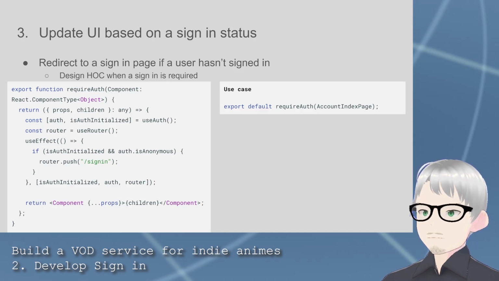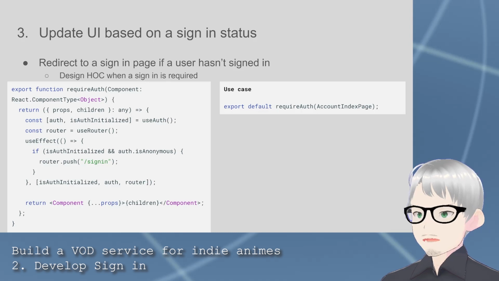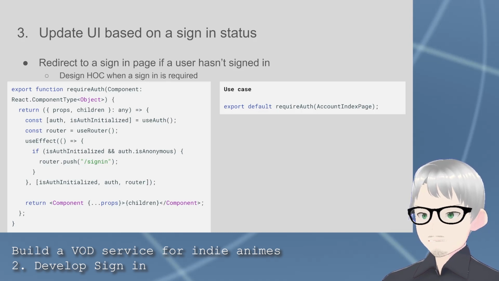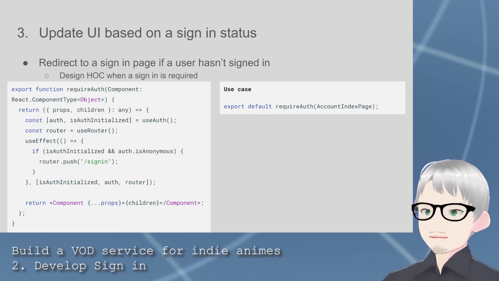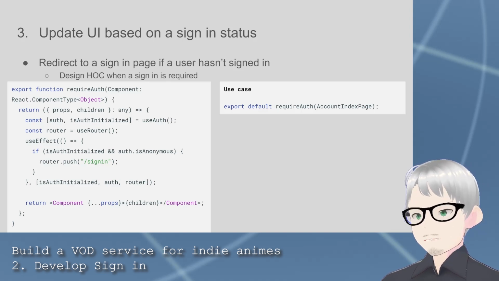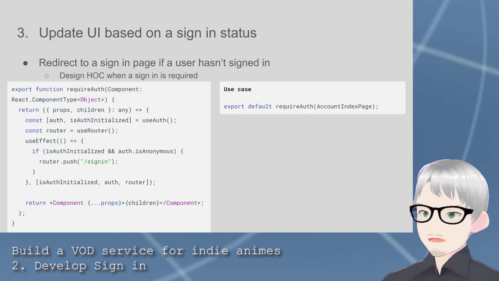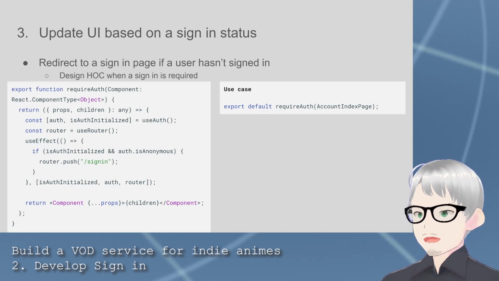Even if auth is initialized but the user is not authenticated, it redirects to the sign-in page using the router of Next.js. And we have to check that auth is initialized because, as I said, during the first load or first rendering, the auth data is not initialized and is not loaded from probably Firebase.